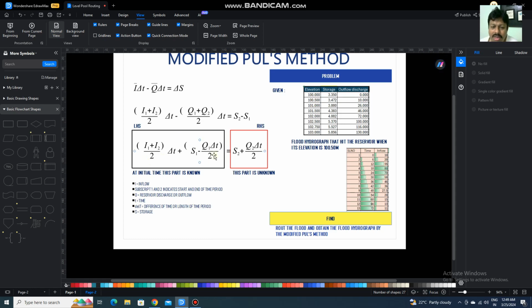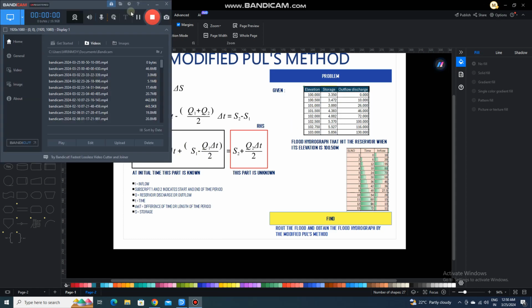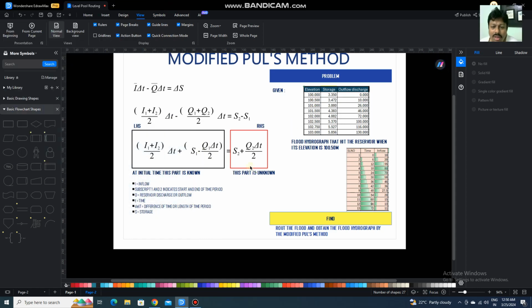But S1 indicates what is the amount of storage in that reservoir at 10 am. Q1 means what is the amount of water going out as outflow discharge at the time of 10 am.